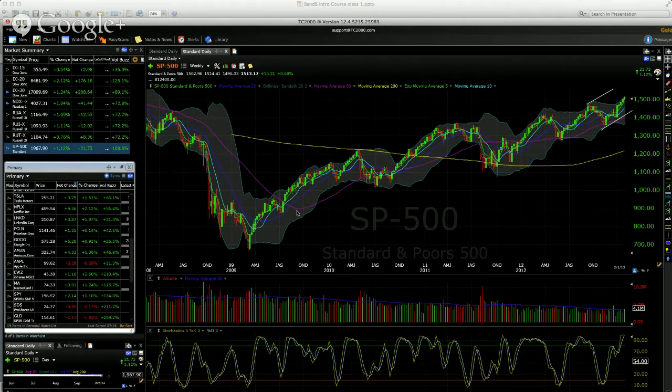Moving averages, which we'll talk about later, start to flatten out. As an indication of the end of the accumulation phase, you'll see buy volume pick up, and you'll see moving averages flatten out and start to turn up. Once that happens, you get out of the accumulation phase and go into the run-up phase.